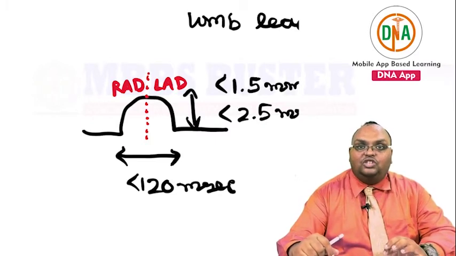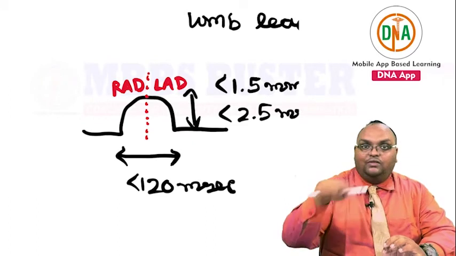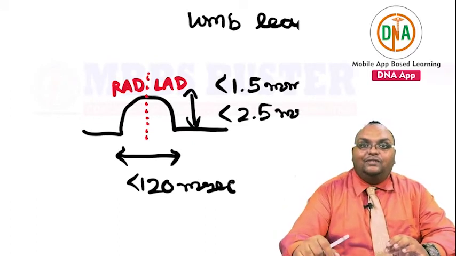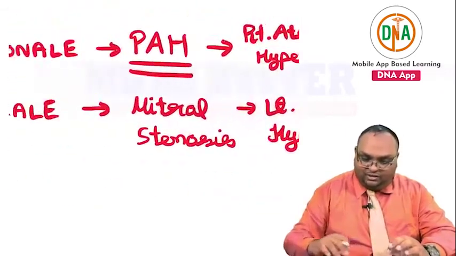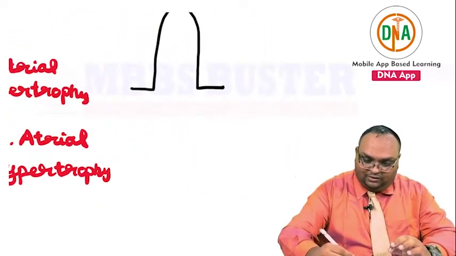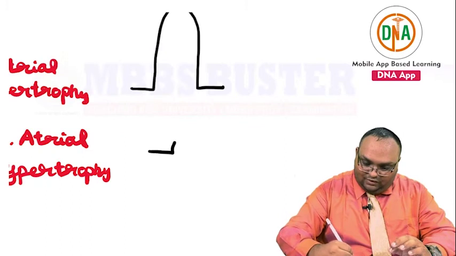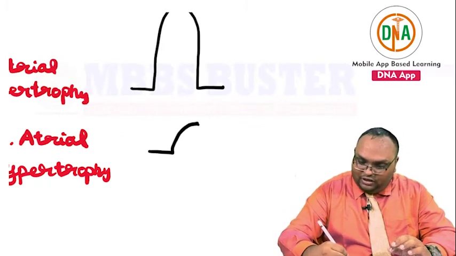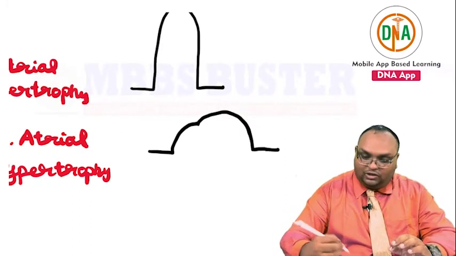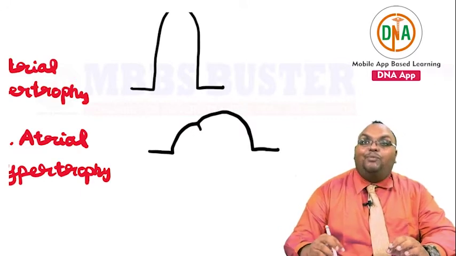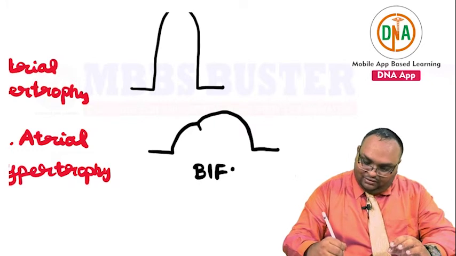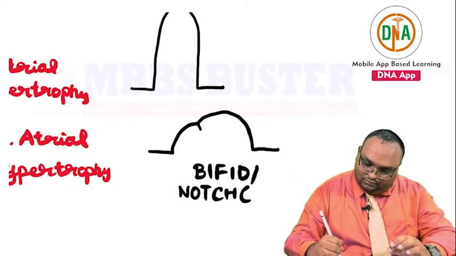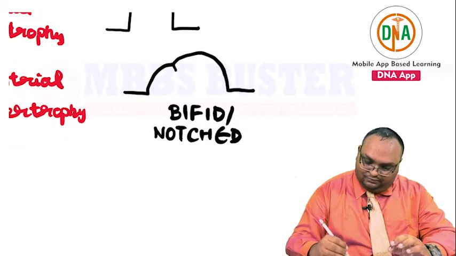So you would have a normal smooth curve in a person having normal right and left atrial depolarization. For this person, the curve would turn out to be something like this: you have the normal right atrial depolarization, but your left atrial depolarization is going to take some more time, so you have a bifid or a notched P wave.